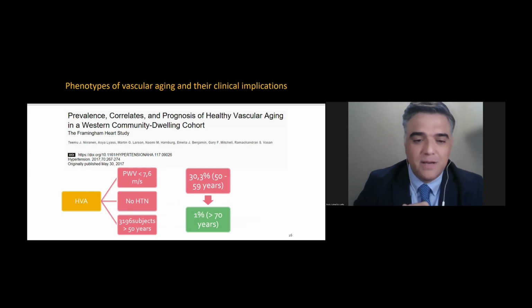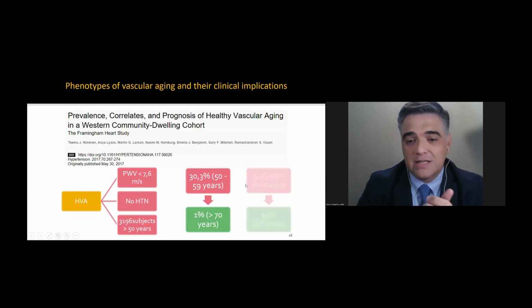The first group was the group from Framingham that compared those that they would consider to have healthy vascular aging: very low pulse wave velocity, no hypertension, patients over 50 years of age. First of all, to let you know that patients that preserve this arterial function as immaculate as they have defined are only 30% of those who are between 50 and 59 years.